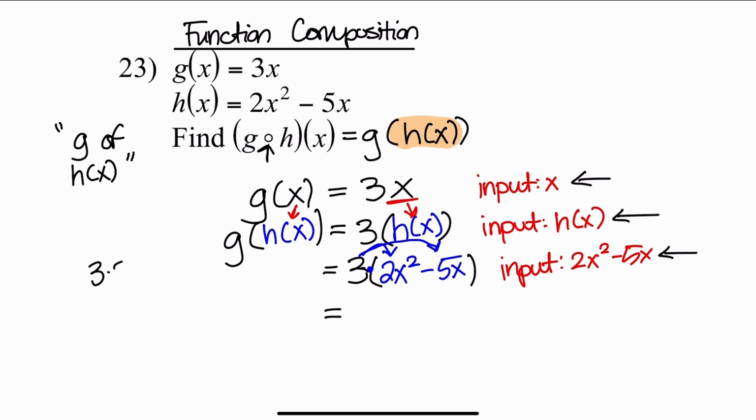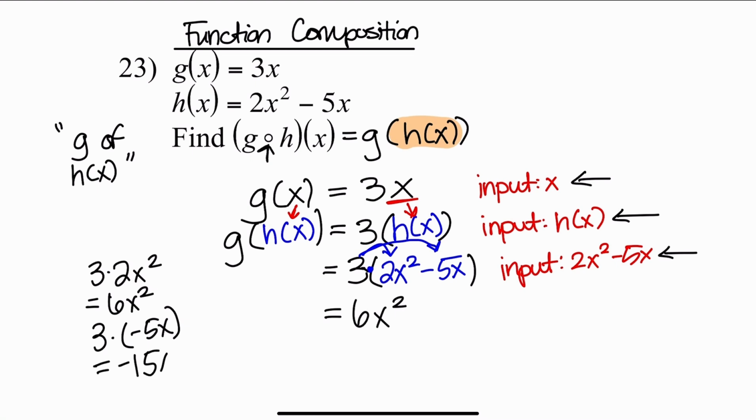Well, 3 times 2x squared should give you 6x squared. So we're going to write that right here. And then again, 3 times a negative 5x, a positive times a negative number, should definitely give me a negative number. Okay, so minus 15x. That is it. That is all.